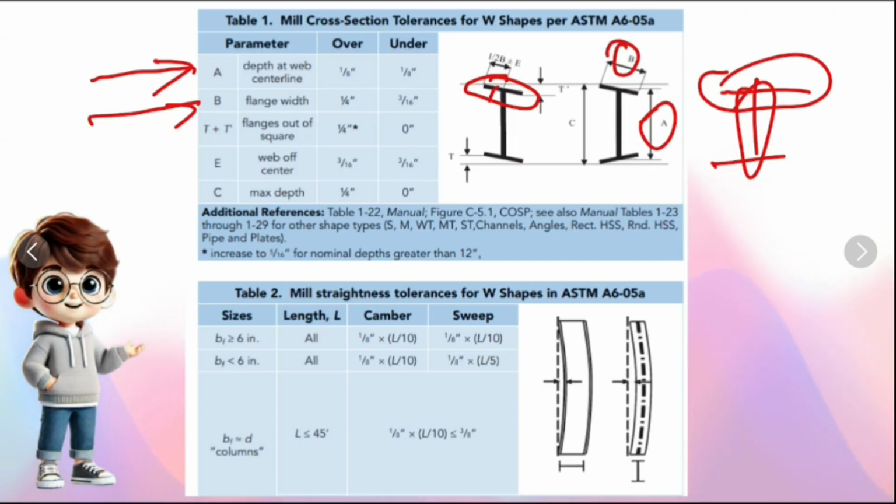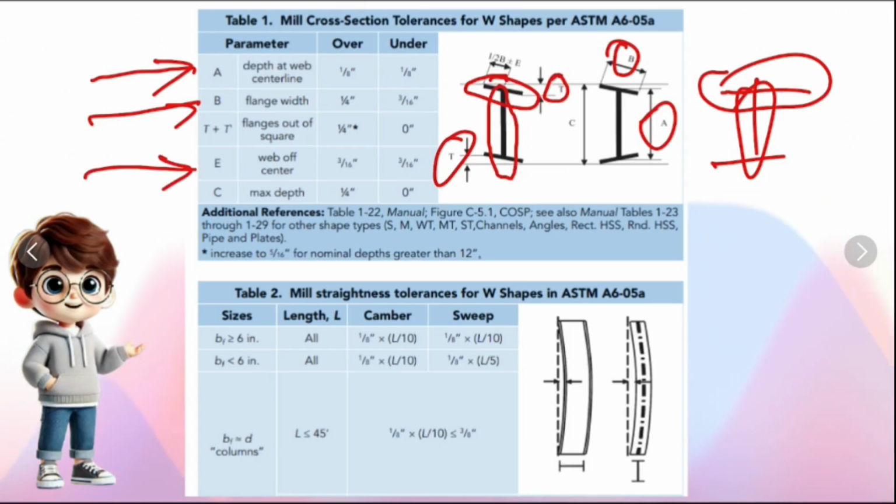When the orientation of the flange is other than 90 degrees to the web, there will be a vertical dimension. This vertical dimension can increase up to 1/4 inch, but it should not decrease. In the same way, for web off center, which means if you take the center line of this beam, the web will be a little bit offset from the center.